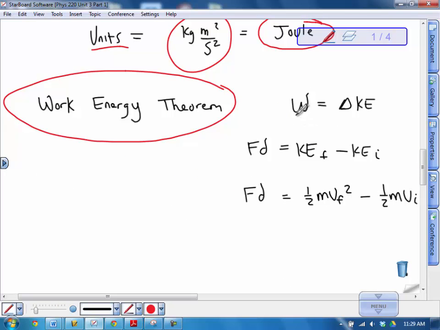Work is defined as the change in kinetic energy according to the work energy theorem. So we can say that force times distance is equal to the change in kinetic energy, the final kinetic energy minus the initial kinetic energy. We can even write this if we substitute in the kinetic energy formula. But this is an important theorem. Basically now we know that work and energy are one and the same.